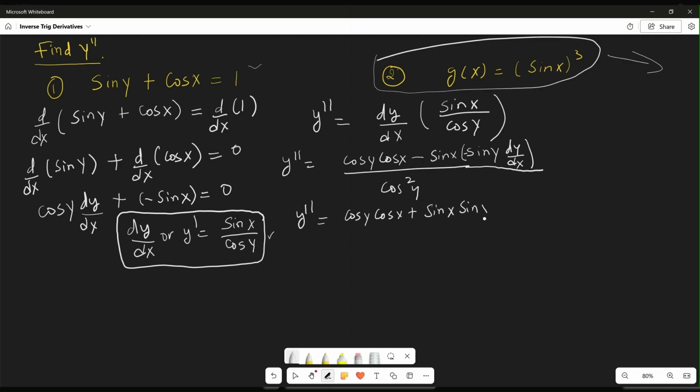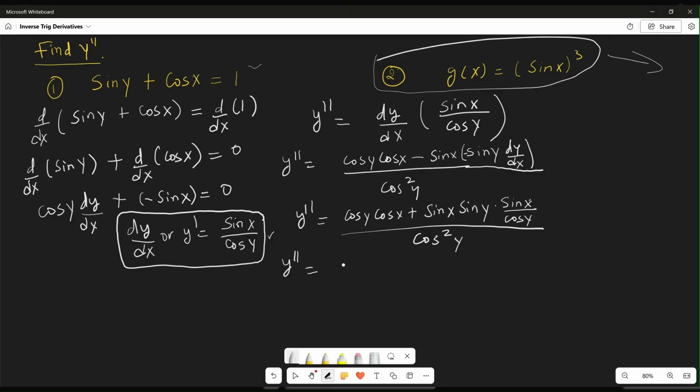And dy over dx we have given here, sine x over cosine y, divided by cosine squared y.